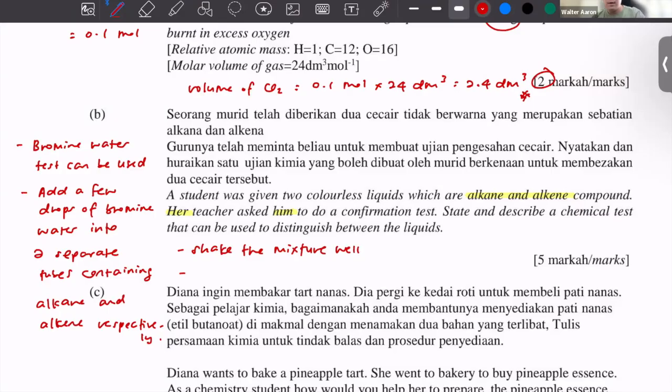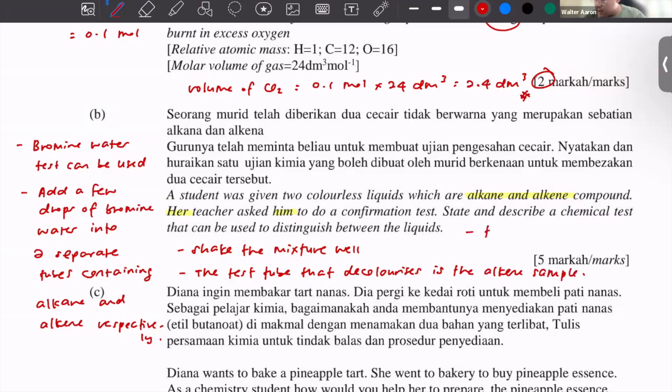Then after that, the test tube that decolorizes is the alkene sample.